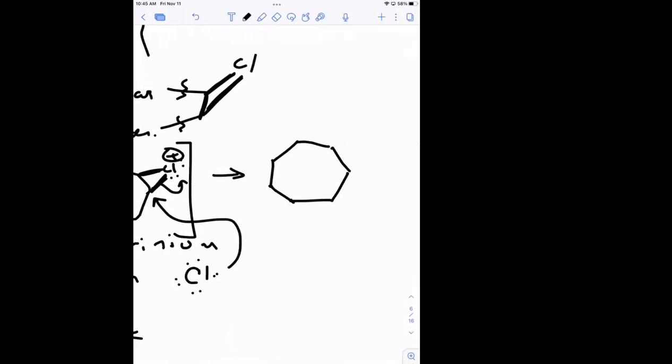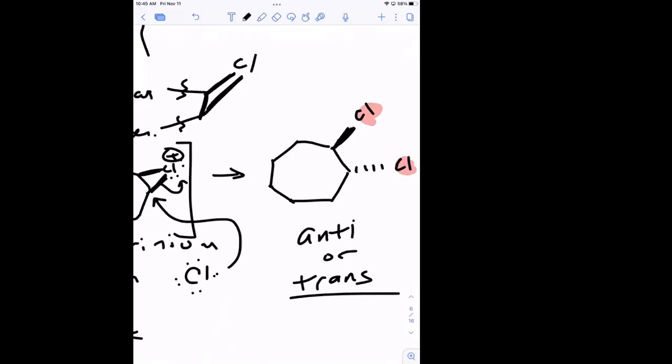So when that happens, one of my chlorines is going to be on a wedge, the other going to be on a dash like that. The relationship between these two is what we call anti or trans. Always.